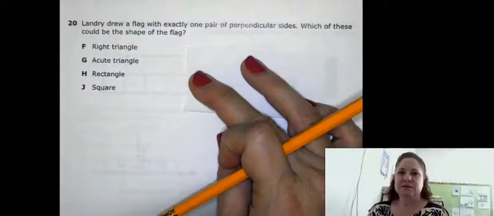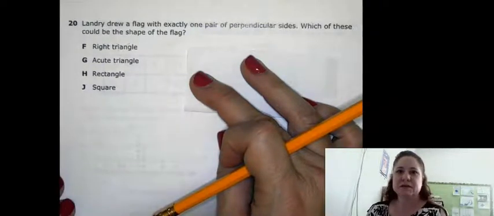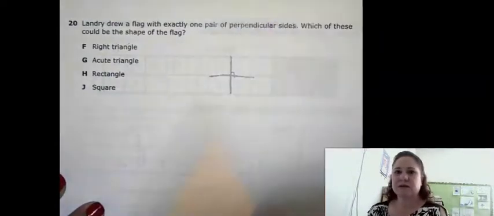Let's look at another example from the old STAR test. Landry drew a flag with exactly 1 pair of perpendicular sides. Which of these could be the shape of a flag? Remember that perpendicular sides would form a right angle, something like that. Which one of these could be the shape of the flag?